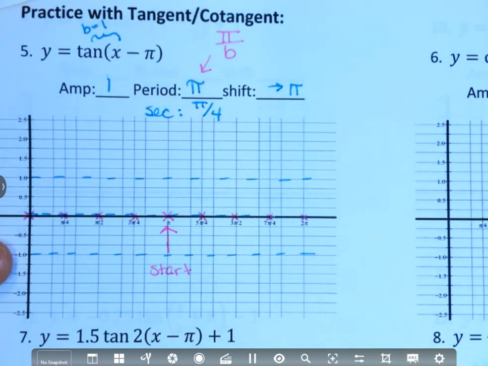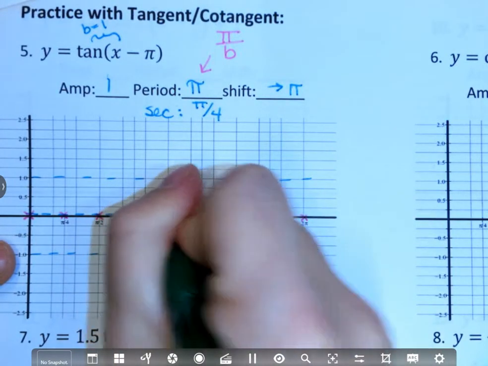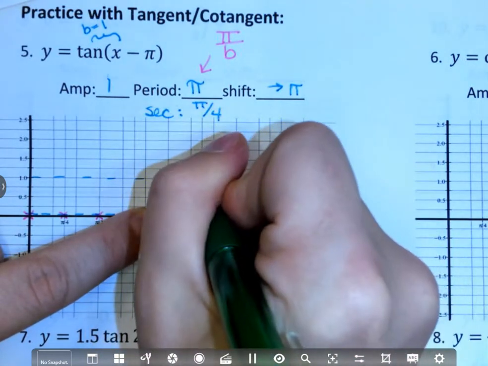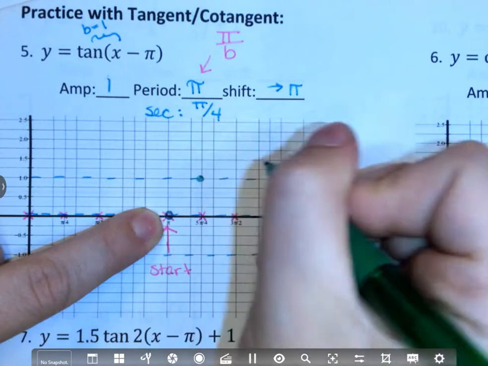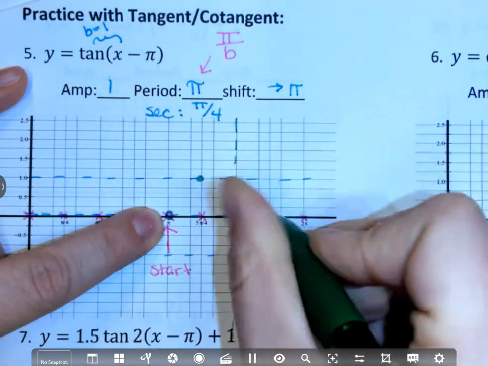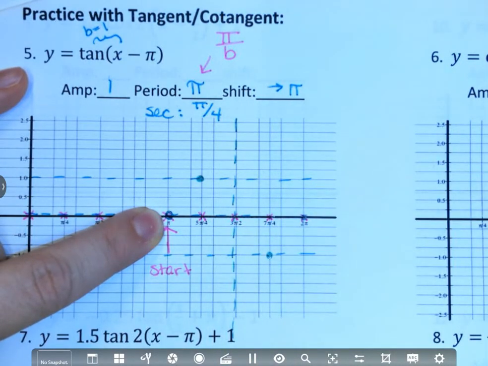This function is what type of a graph? Sine, cosine, tan, cotangent? Tangent. Where does tangent start? A middle with a point. So it will go middle, up because it's positive, asymptote, bottom, middle, and then I'm going to go the backwards.